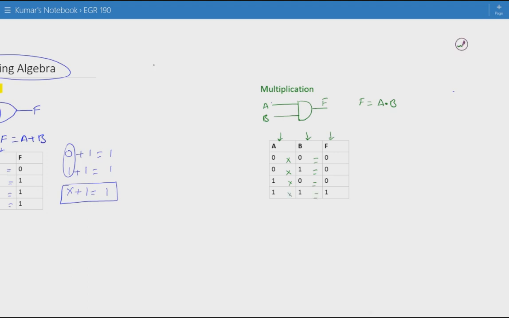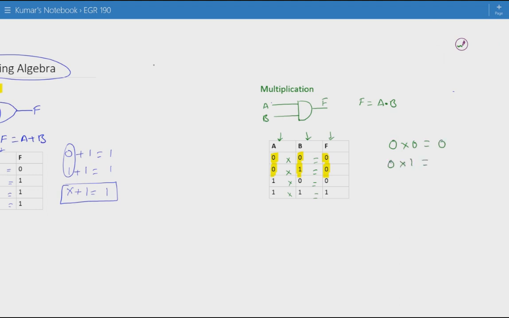So what we are saying here is any time you multiply any number by a 0, if you see here, I have a 0 multiplied by something, I get a 0. I have a 0 multiplied by 1, I get a 0. So the point we are trying to make here is, if you multiply something by 0, you always get a 0.